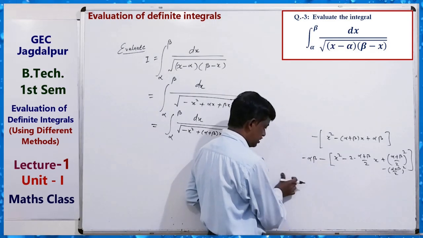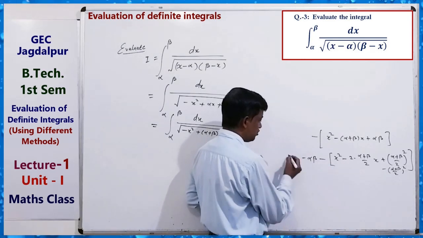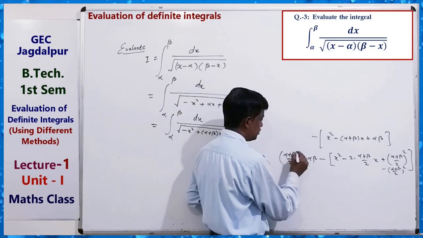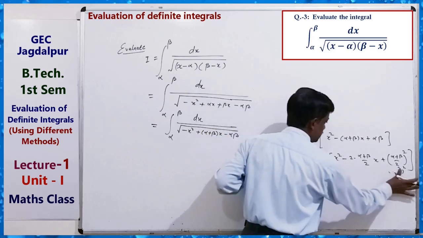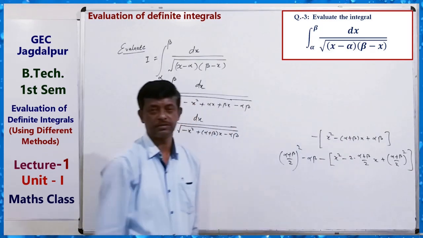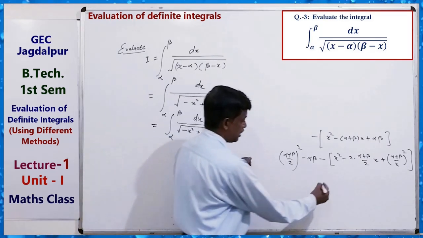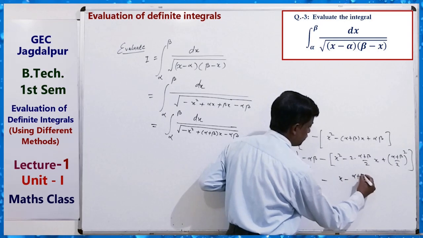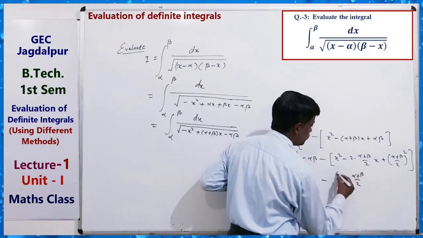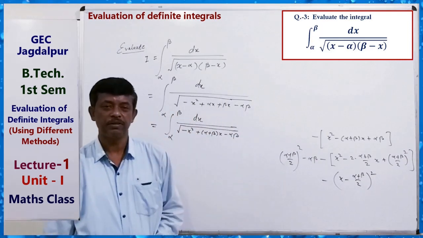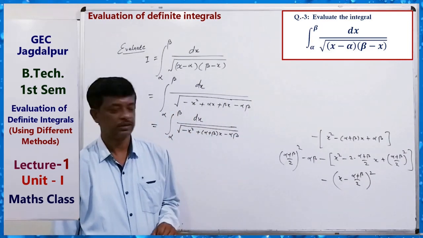So alpha plus beta by 2 square outside, then you can omit this. Now this is equal to this. So here we can write x minus alpha plus beta by 2 whole square.